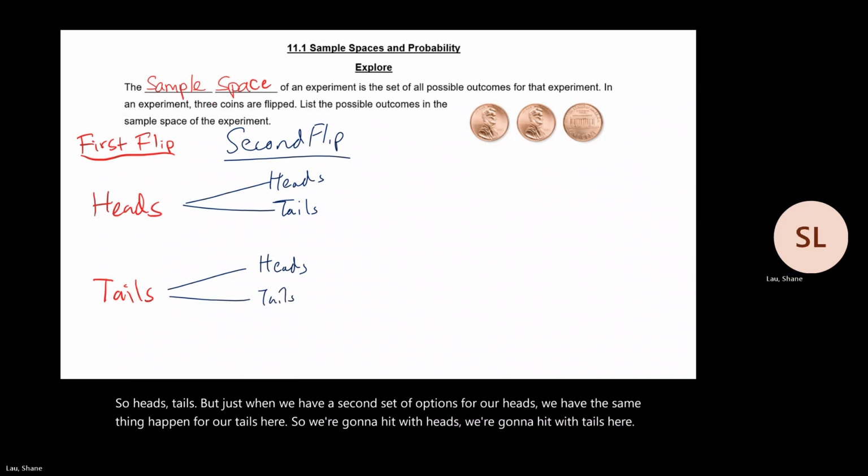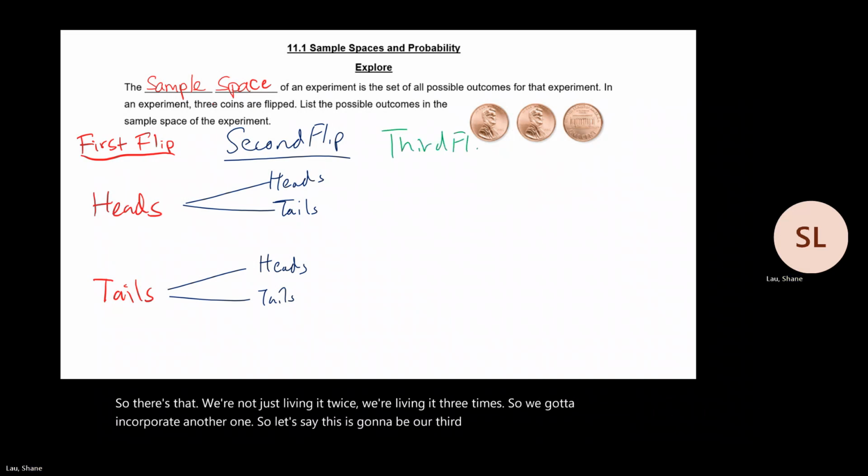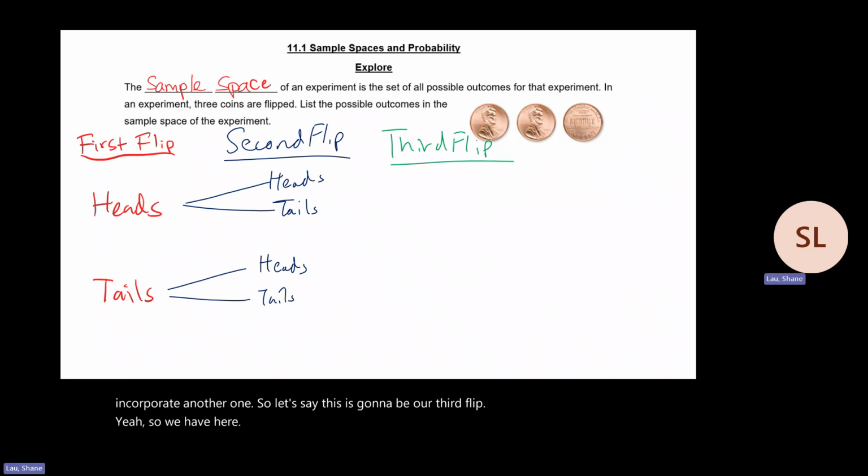Okay. But we're not just flipping it twice, we're flipping it 3 times. So we have to incorporate another one. Let's say this is our third flip. Just like what we did in the second flip, we're going to put heads and tails on each of those second flips.